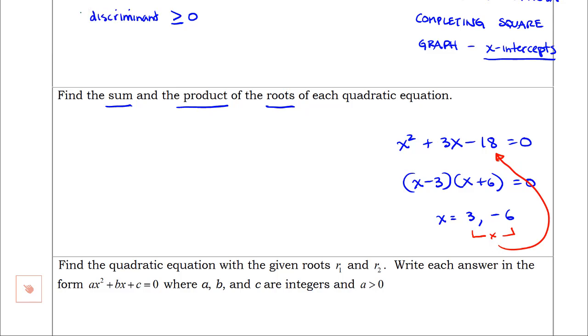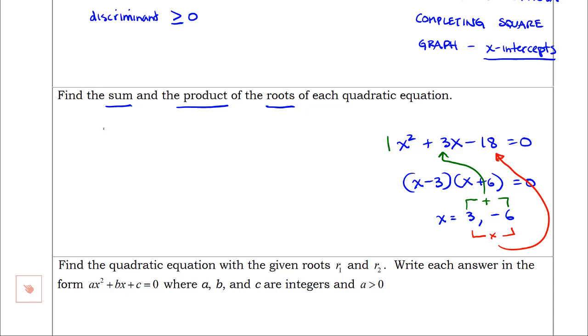If I add these two and take the opposite, I'll get the coefficient of the middle term, won't I? Add them and take the opposite. Okay? But that's only going to work if the coefficient of the square term is 1. Okay?